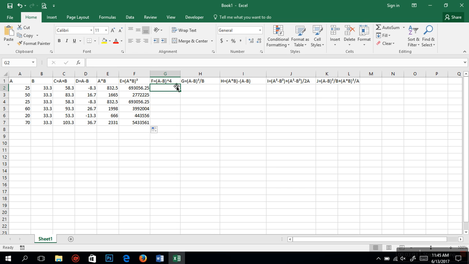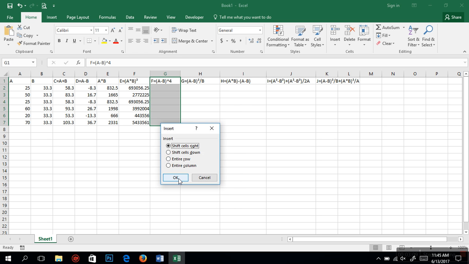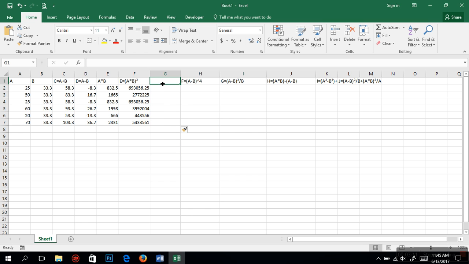So we have to create a new column again. Right click, insert, shift cells right. So we should have, let's put that in a bracket because we already have A minus B, so we should have square of A minus B. Let's open the bracket, A minus B, close the bracket, all squares.